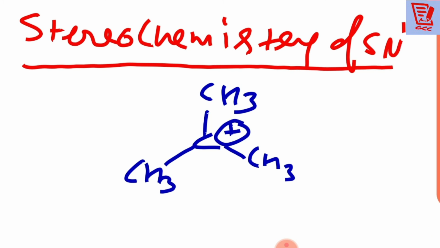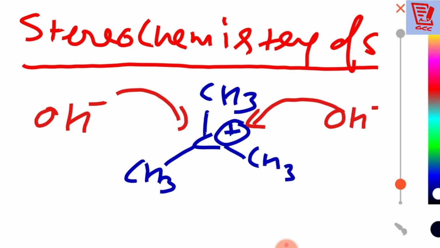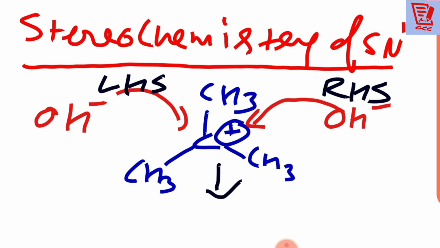Now we are having an OH negative, but the OH negative can attack from this side, or it can attack from the other side, means it can attack from the right hand side, or it can attack from the left hand side. So whenever we are making the product, two types of products are possible.